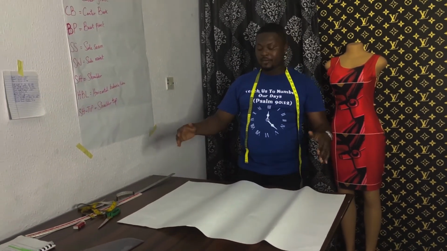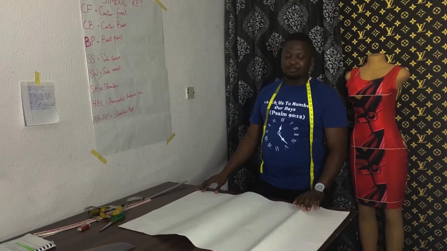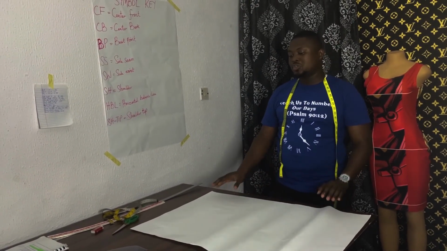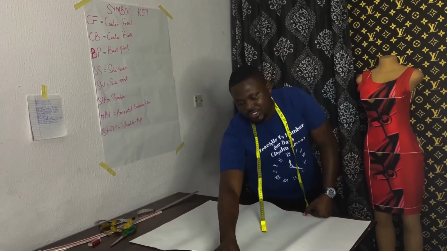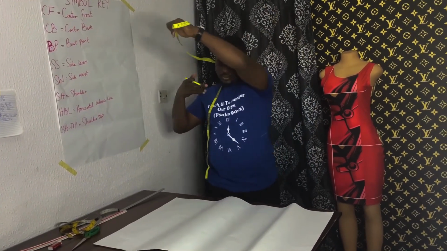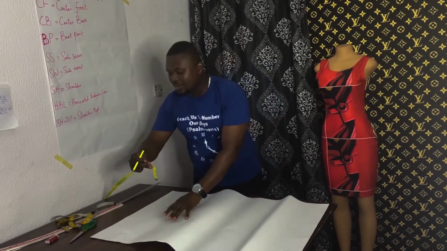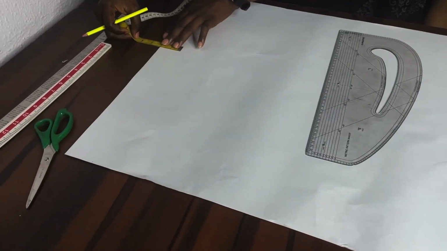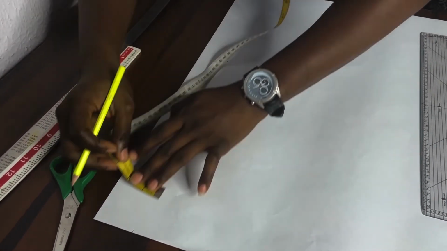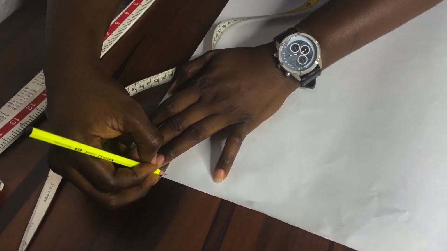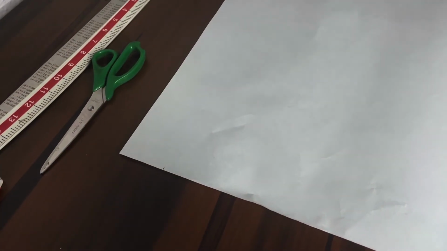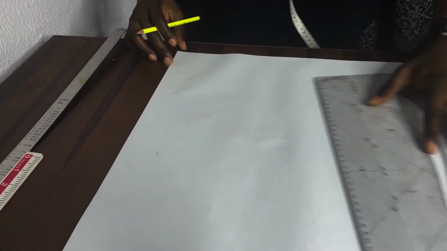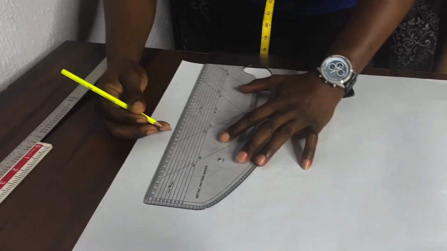It's an A1 paper, unlike the paper used for printouts on a computer, which is an A4 paper. So we are about to begin. First, I'm going to take my pencil and make a margin of about 2 inches on my pattern paper.